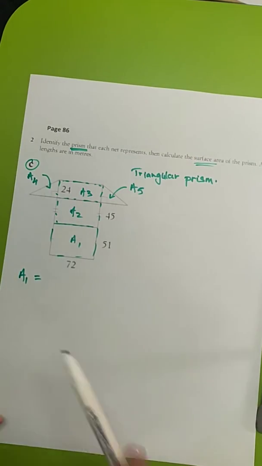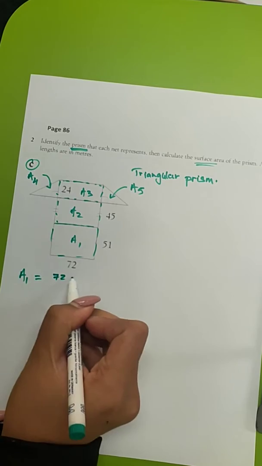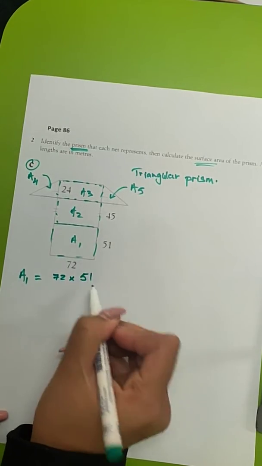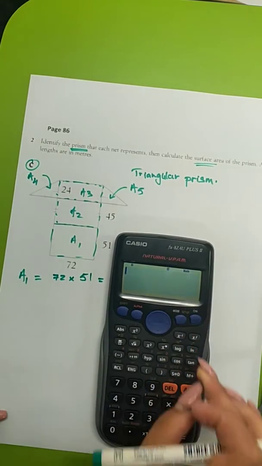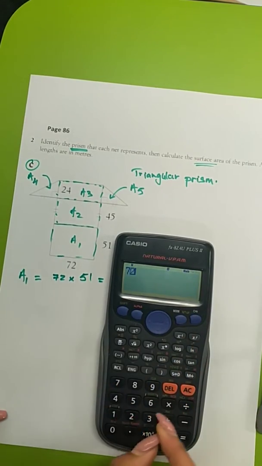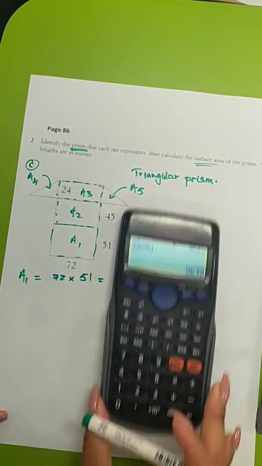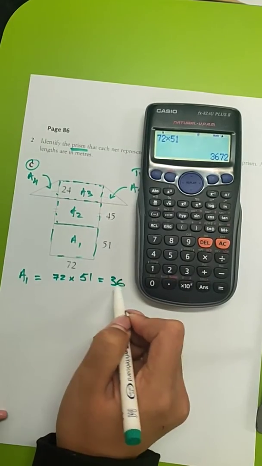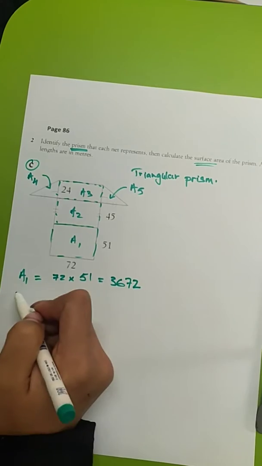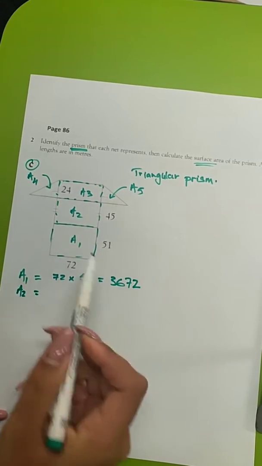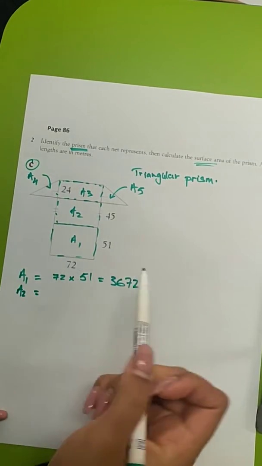So my base here would be 72 multiplied by my height, which is 51. Okay, so I'm going to use my calculator. I'm going to do 72 multiplied by 51, and that's 3,672.